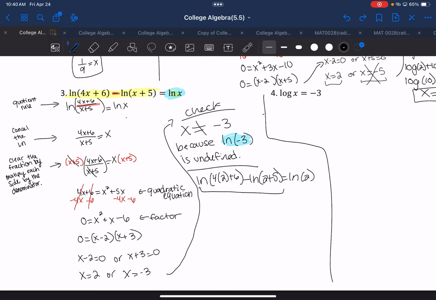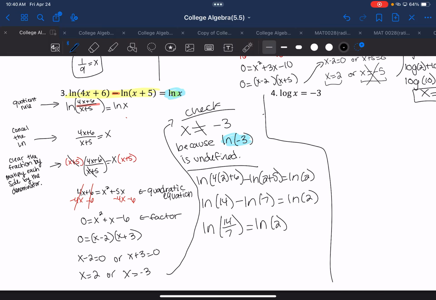But this will simplify. 4 times 2 is 8. 8 plus 6 is 14. 2 plus 5 is 7. And then I can combine this into one single log, which would be ln of 14 divided by 7, because of the minus, and that is the quotient rule. 14 divided by 7 is 2.